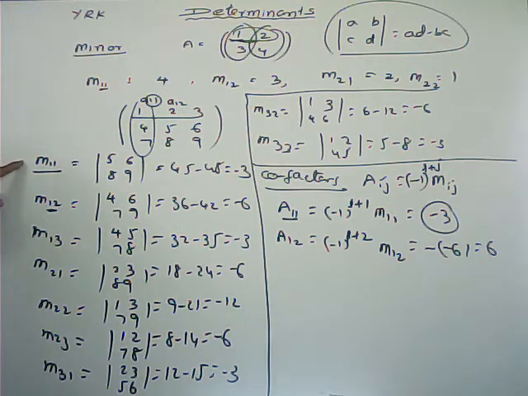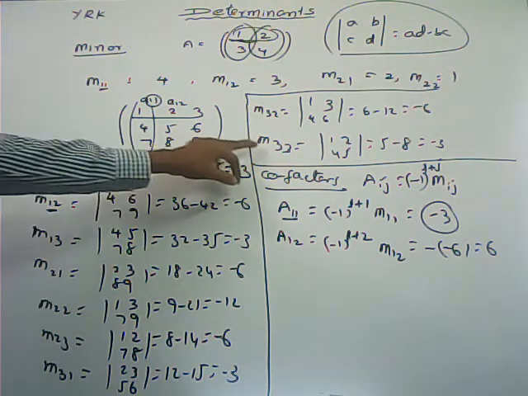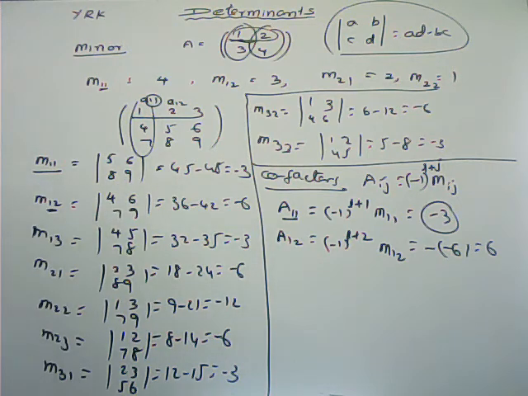M11 is equal to A11, M13 is equal to A13, M22 is equal to A22, M31 is equal to A31, M33 is equal to A33. Here for minor and cofactor, there is no difference for elements in even positions.